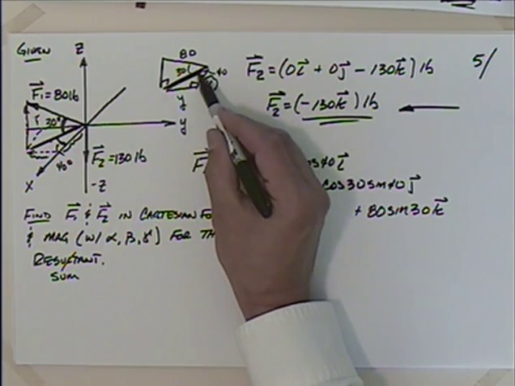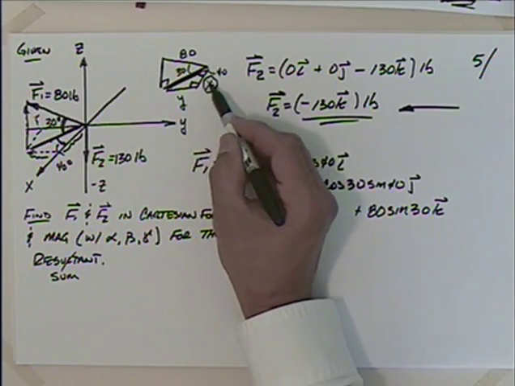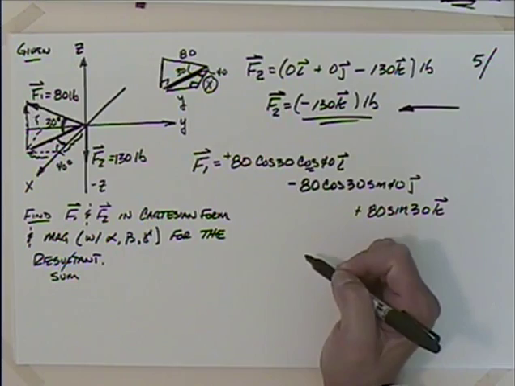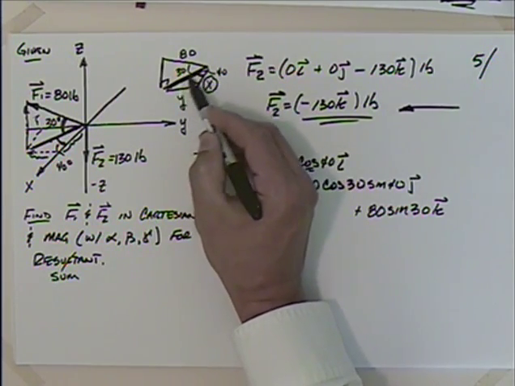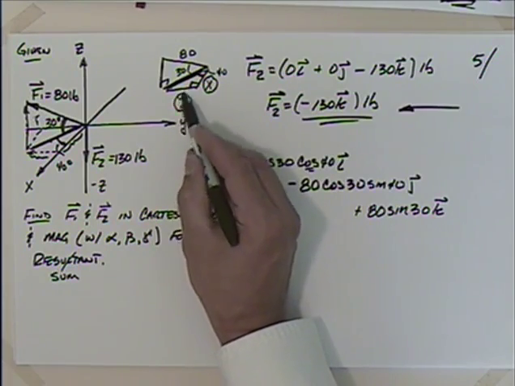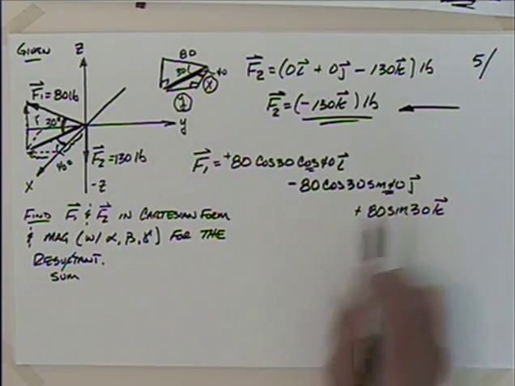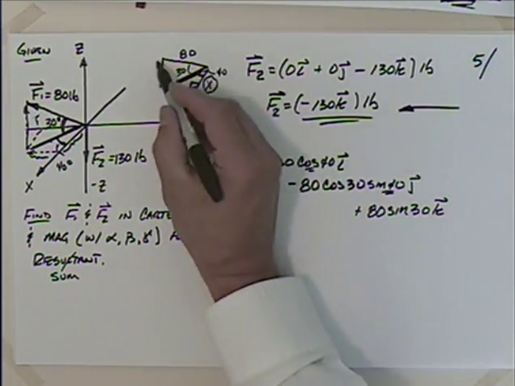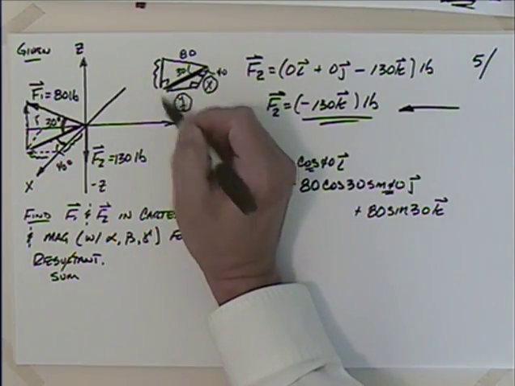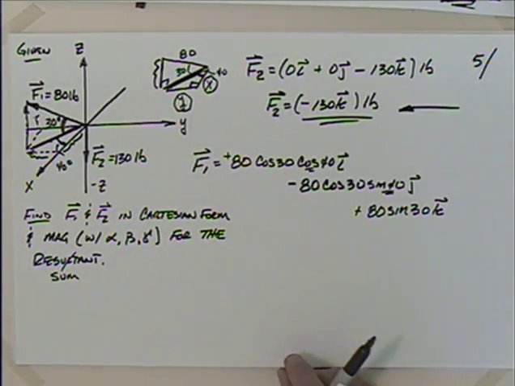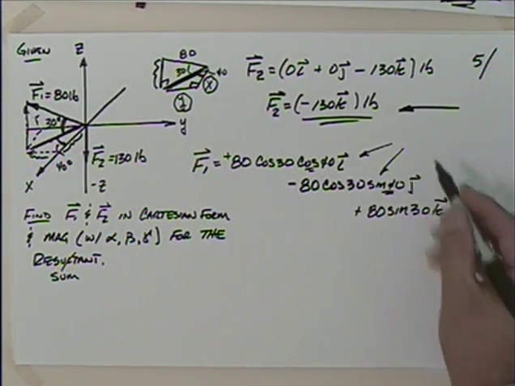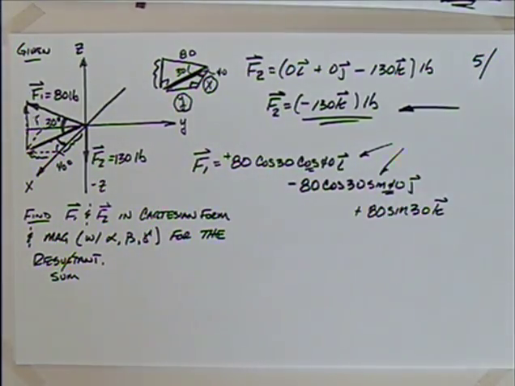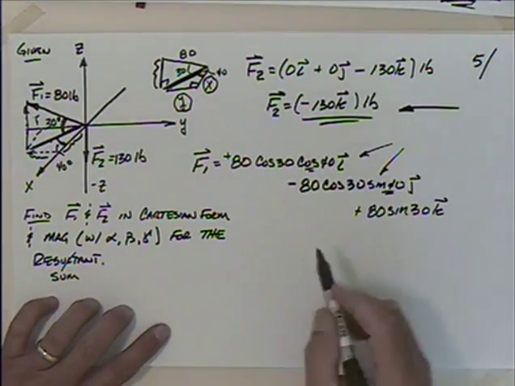And then if I want x, I have to multiply that piece times the cosine of 40. Now if I take this 80 cosine of 30, that's that piece, and I want this y piece, what do I have to do? I have to multiply by the sine of 40. Now the z is the easy one, because all I have to do is 80 times the sine of 30. So these two are a little trickier because you have to use two right triangles. Two right triangles.